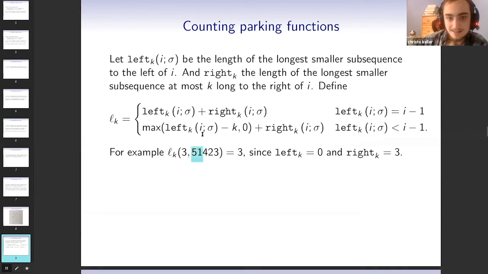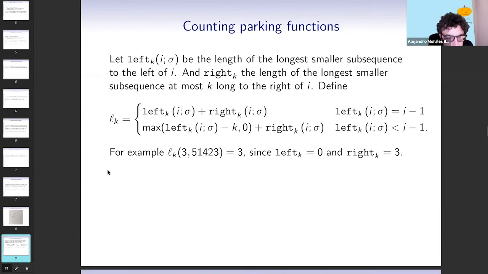And then the maximum of 1, which is the length here, minus 2 is negative 1, 0. So the maximum is 0. And then the right, well, the right is defined to include the thing itself. So 1, 2, 3. And so there's 3 options for that spot.